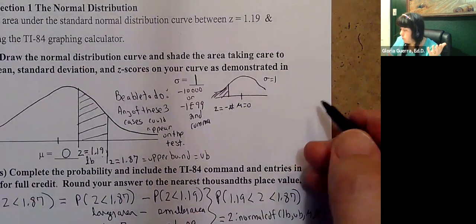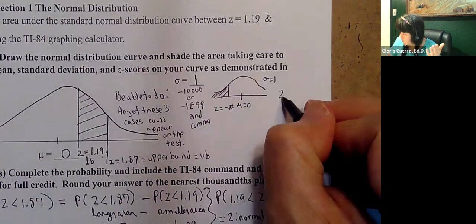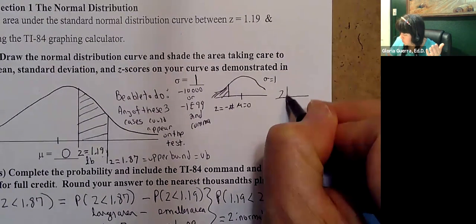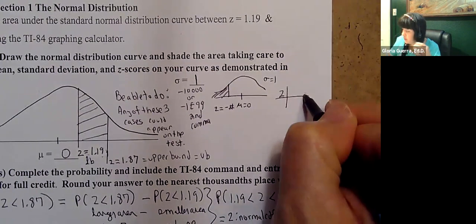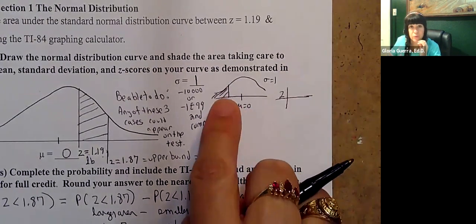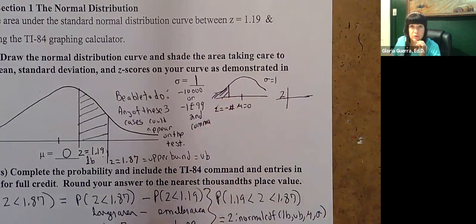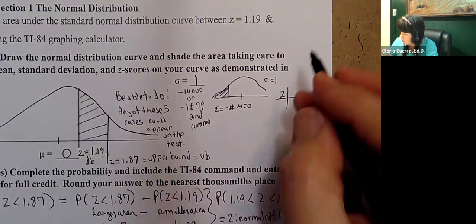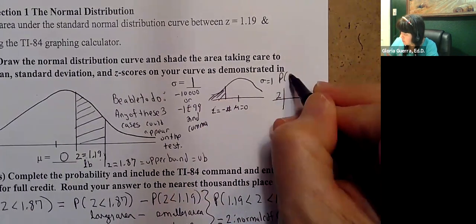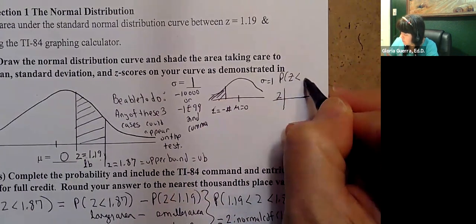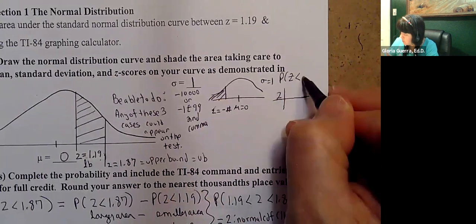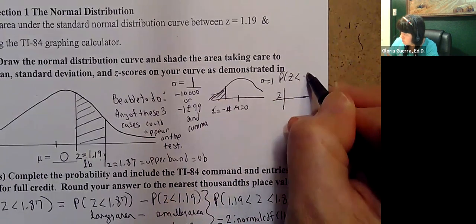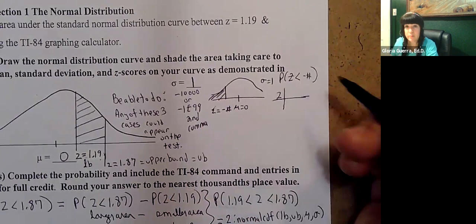And then if you look at your table, that's the easiest one, right? It's already to the left, so you don't have to do larger minus smaller. You just look that up on your table, because the probability is that z is less than whatever that number is, for example.